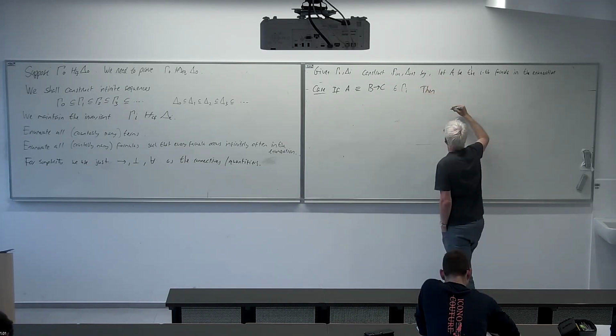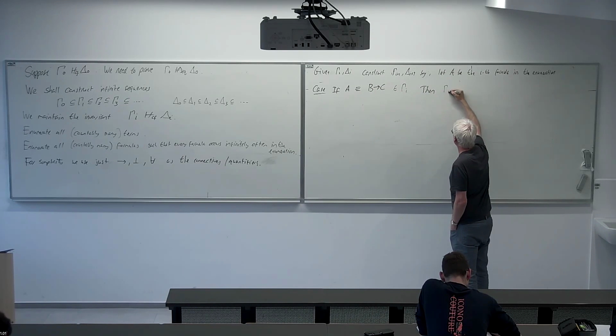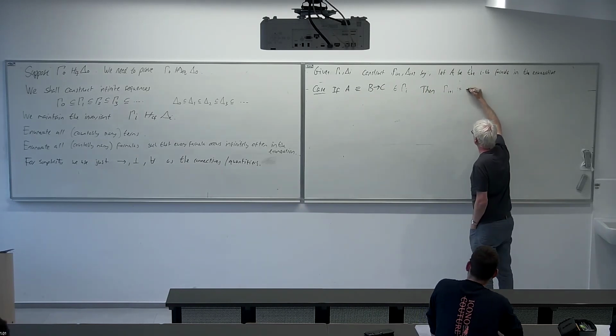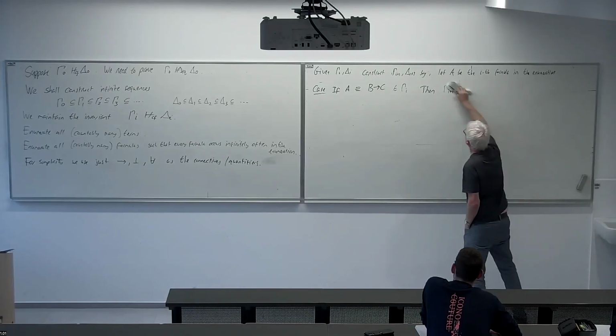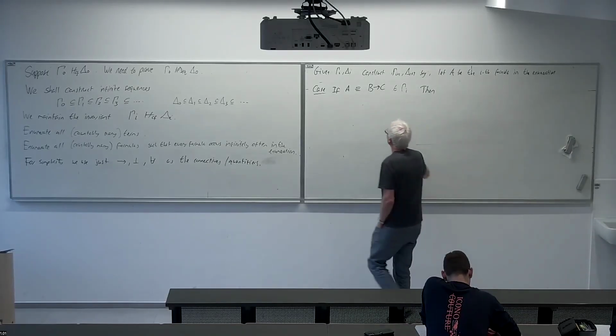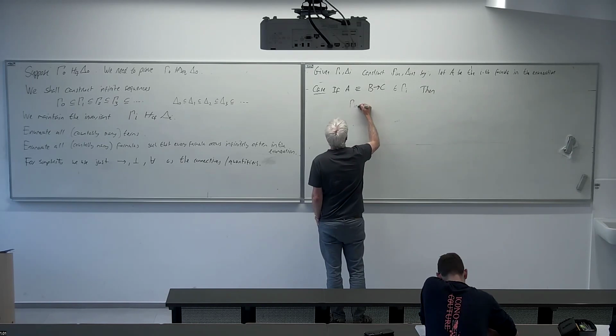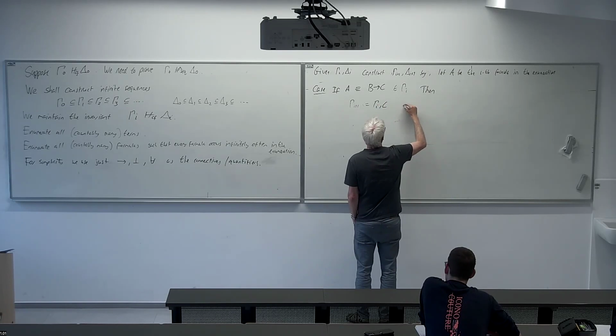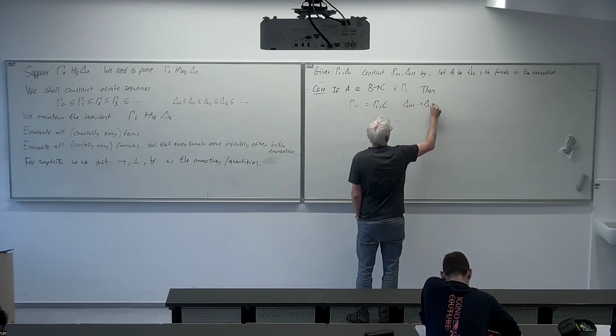we define gamma i plus 1. Well, let's go to another line because we're going to need more space. So gamma i plus 1 to be equal to gamma i together with C, and delta i plus 1 is just the same as delta i.